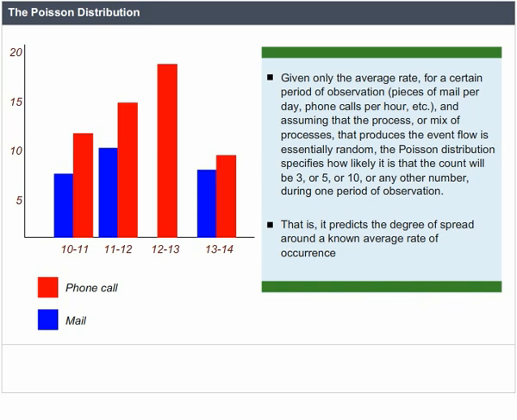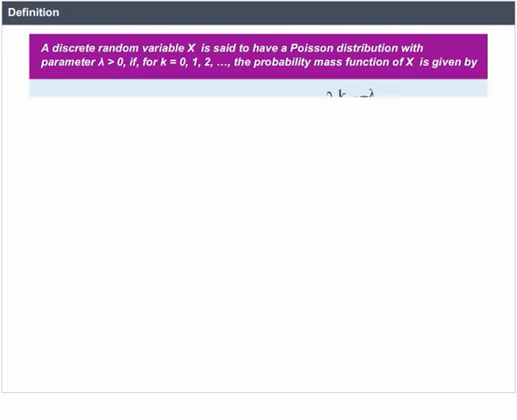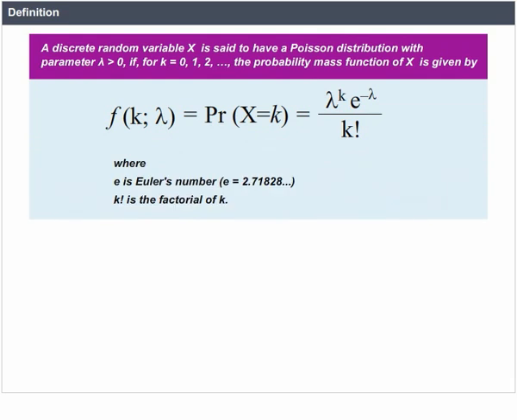Definition. A discrete random variable x is said to have a Poisson distribution with parameter lambda greater than 0 if, for k equals 0, 1, 2, etc., the probability mass function is given by f of k comma lambda equals probability of x equals k, which is equal to lambda to the power k times e to the power minus lambda, divided by k factorial, where e is Euler's number, 2.71828, and k factorial is the factorial of k.